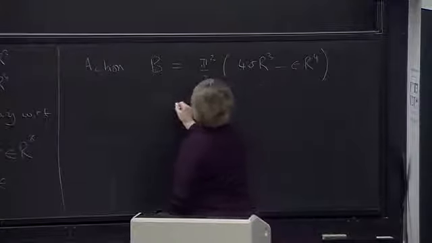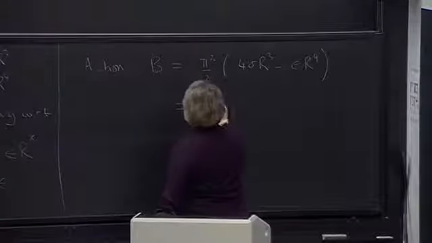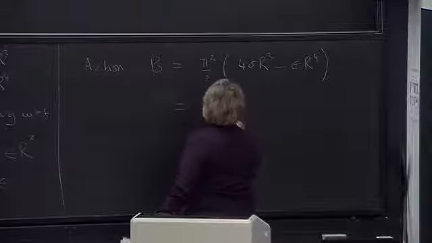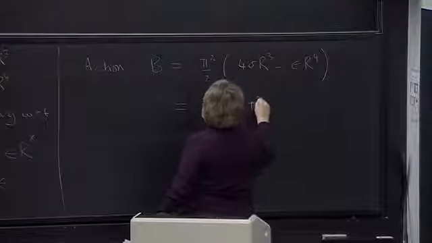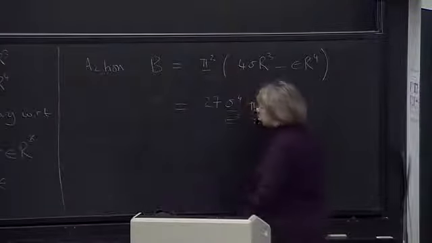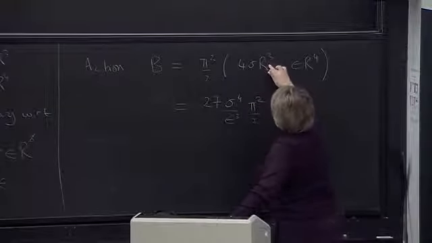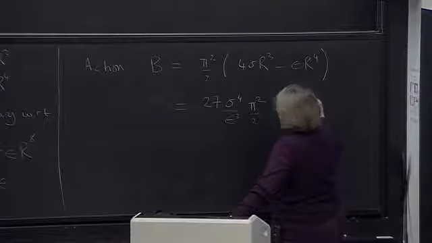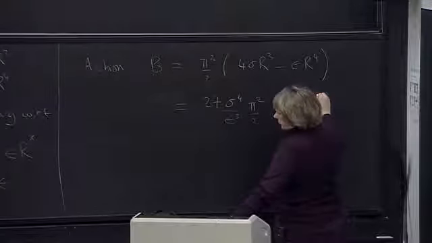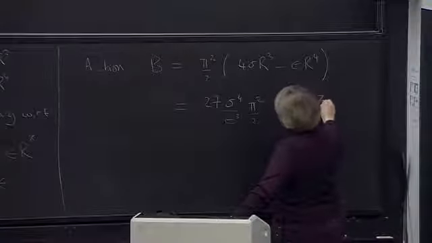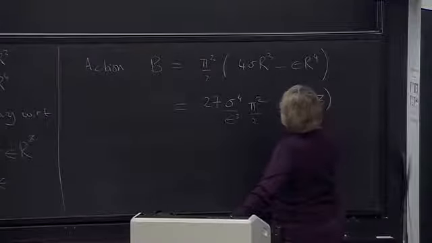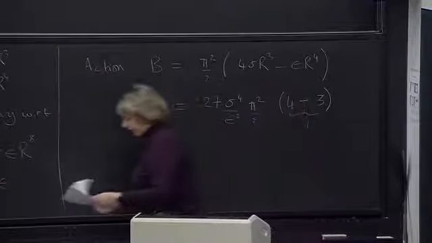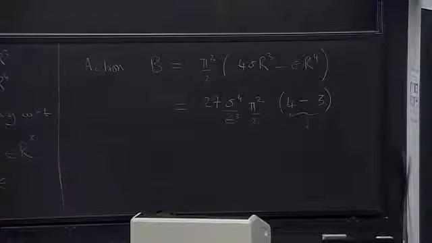And so that's equal to 27 sigma to the 4th on epsilon cubed, times pi squared on 2. There we go. That's the answer. Is that what I got here? Yeah.